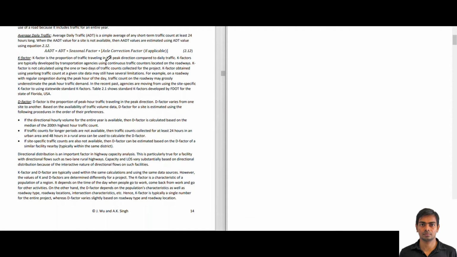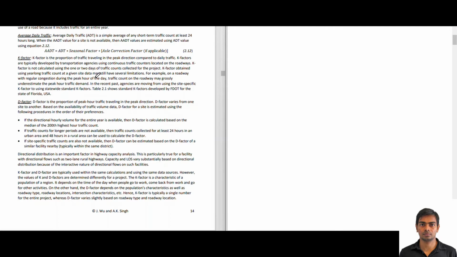Getting back to the K factor. Like I mentioned, the K factor is the peak hour volume divided by the 24-hour volume. One important thing to know about the K factor is that it is obtained using a year's worth of data. Even though we can calculate the K factor for a 24-hour volume, we do not calculate it; it's not the right way to calculate it based on 24-hour counts.